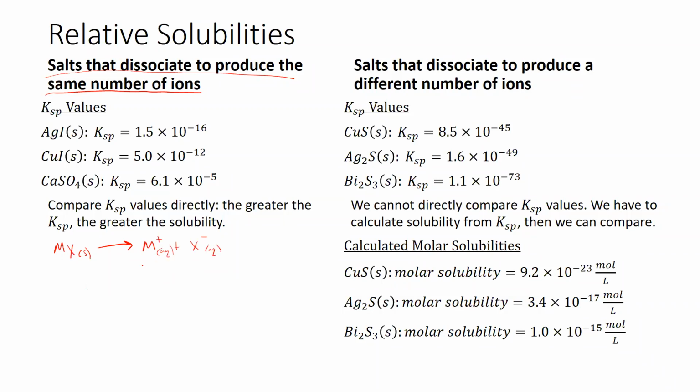And if you're comparing things that just give you 2 ions, you can compare those directly. But you can't, for example, compare something that is an MX formula to something that is an MX2 formula. And we'll start to see why that is just with this slide, because this is not the same thing. And you can think about it from the standpoint of how those KSP values are calculated.